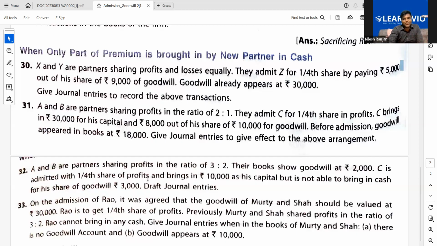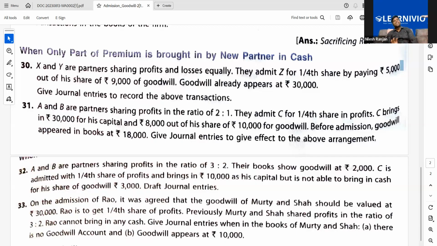Actually, when I ask this question, almost every time I get the answer, no. So I'm asking again, do you remember the entries for revaluation? The journal entries? Yes, sir. Okay, that's very good. So you remember all the entries that we have done for the revaluation account?